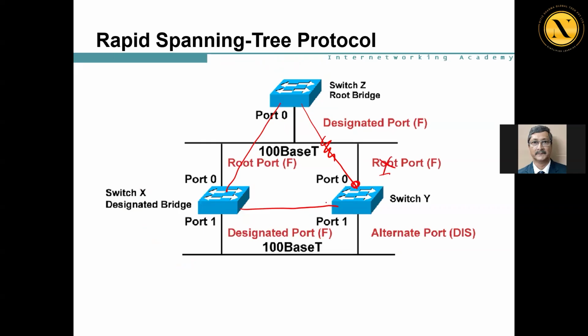The new root port will become this one, because from here only it goes in 19. This is still the root bridge. This is still the root port. This guy's root port is no more this one because it is no more up and up. New root port, right? So all these changes will take place automatically, right? We don't have to do anything. Is it okay, everybody?